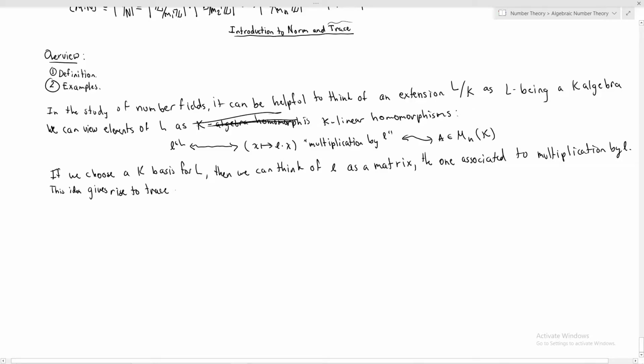So how do I actually define the trace and norm? Let me go ahead and give you the definition. It's going to be more general than fields, because oftentimes we'll want it in the ring of integers case. So I'm going to let A contained in B be an extension of rings.